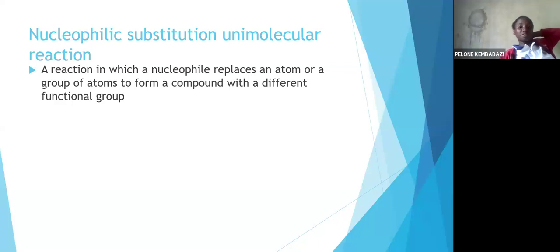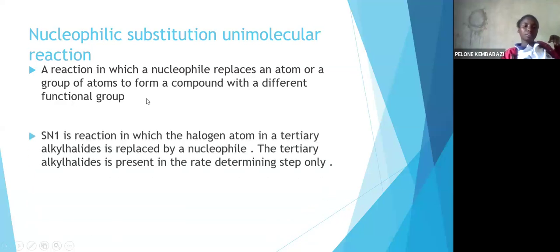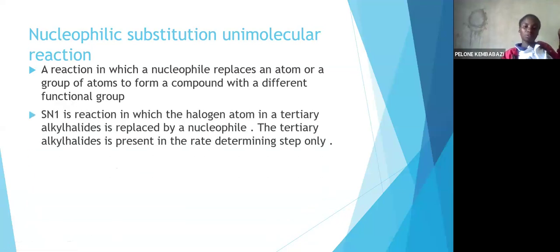So for nucleophilic substitution unimolecular, that is the reaction where the halogen in a tertiary alkyl halide is replaced by a nucleophile. This reaction, nucleophilic substitution unimolecular, is the same as SN1.